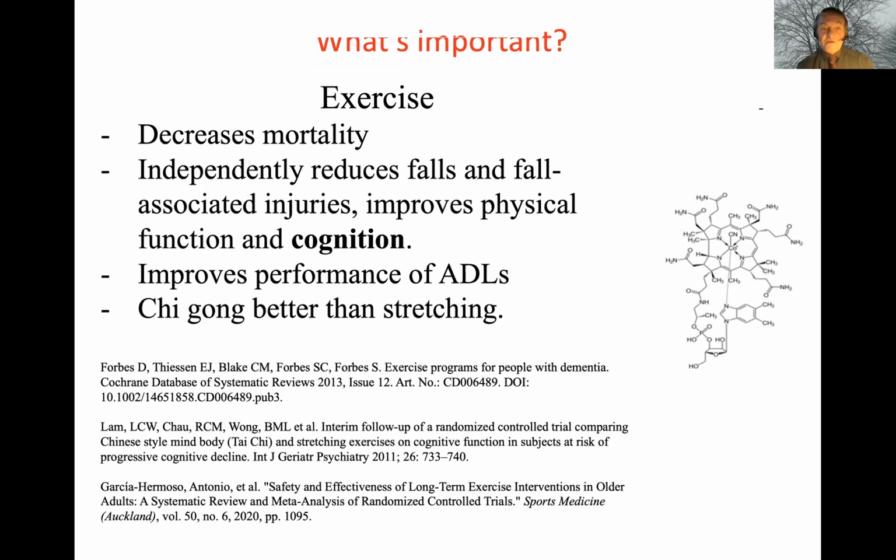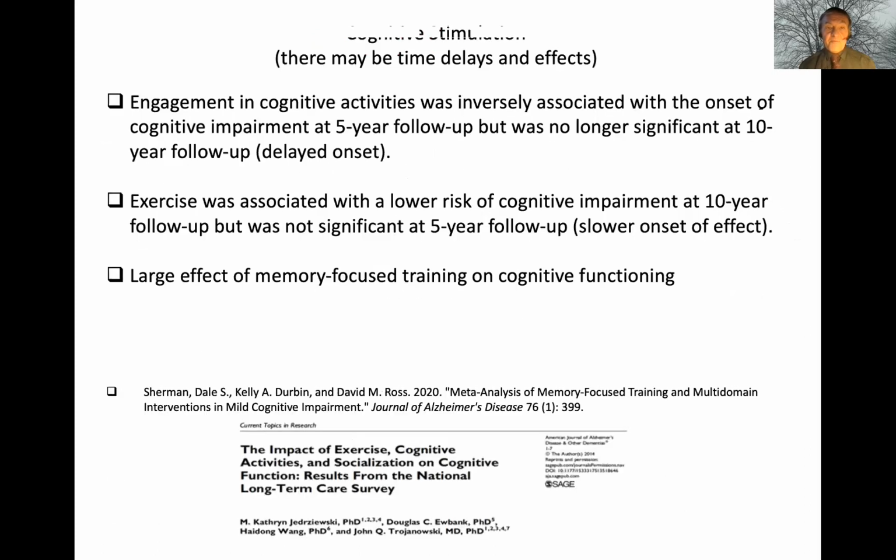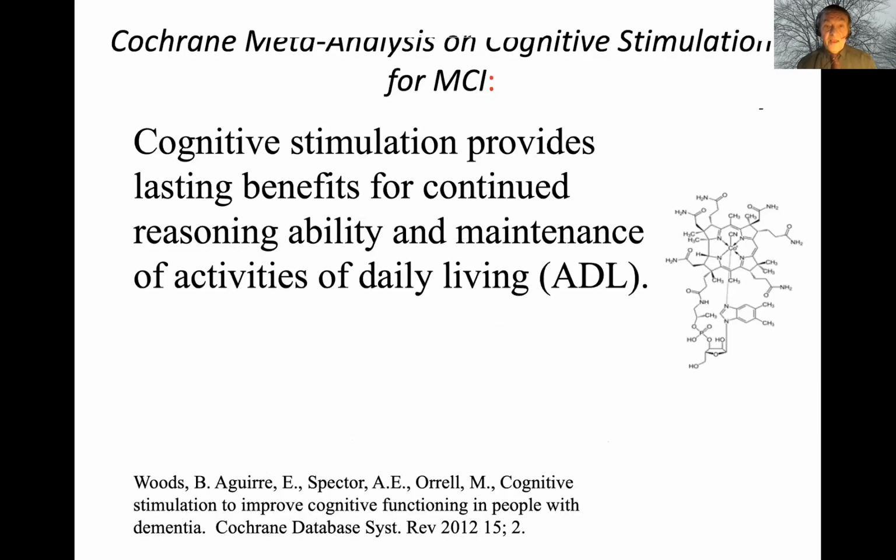It improves physical function and cognition, and it decreases mortality. Also important is engagement in cognitive activities, which delays the onset of cognitive impairment. Cognitive stimulation provides lasting benefits for continued reasoning ability and maintenance of activities of daily living.